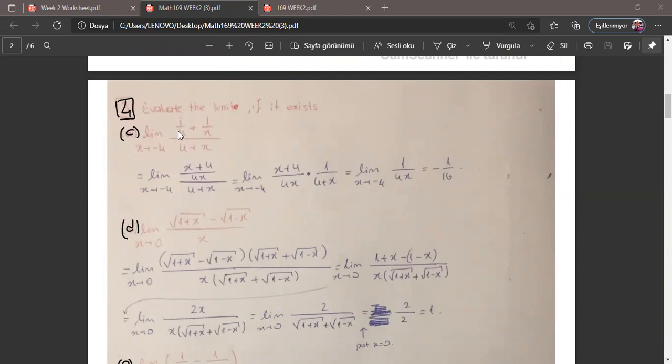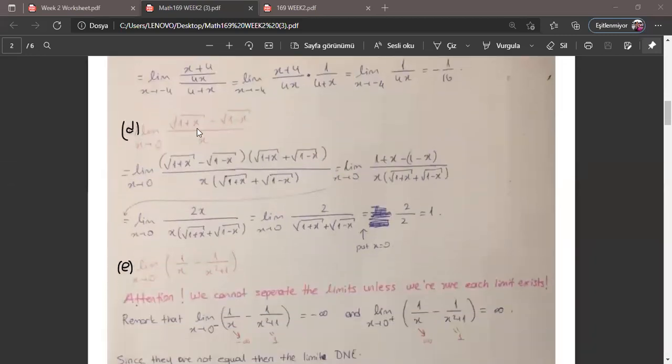We multiply this one by x and this one by 4, so we have x plus 4 over 4x over 4 plus x, as in here. We multiply them and get 1 over 4x, and now we can plug in -4 as the function is defined, so we get this one. Here at the beginning, we cannot plug x equals -4, as in the denominator we would have 0, right? So we have this one.